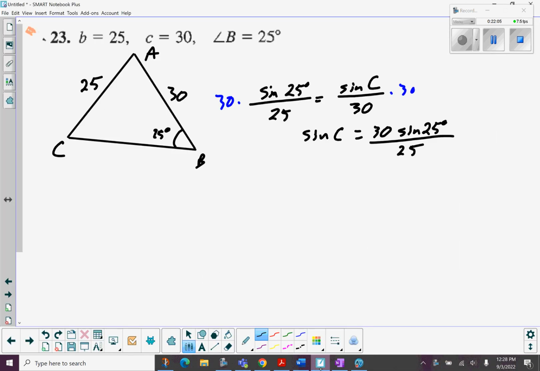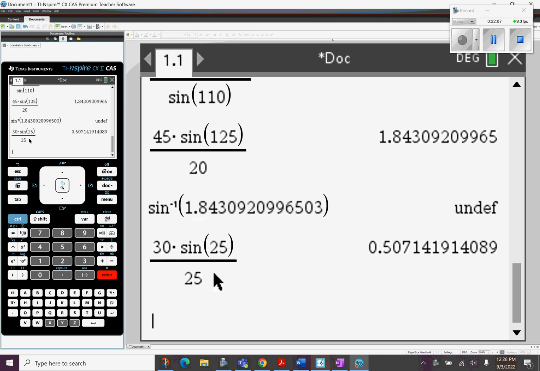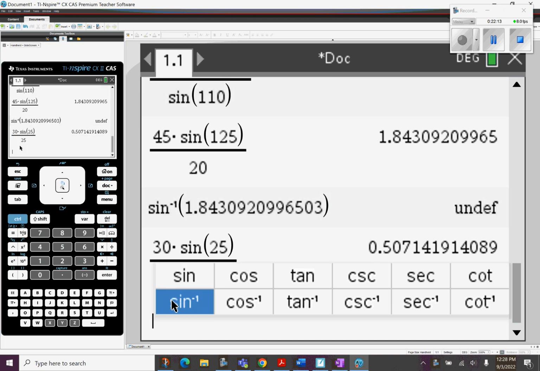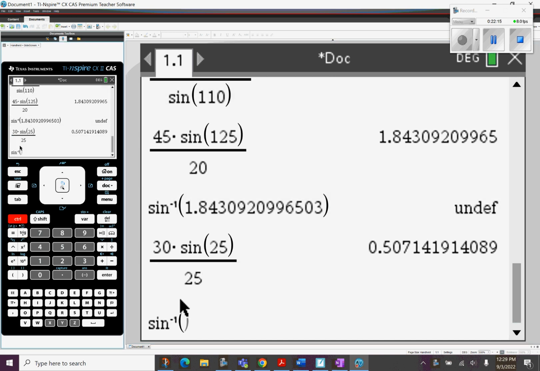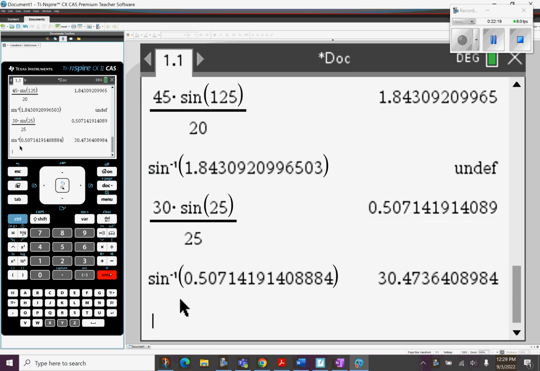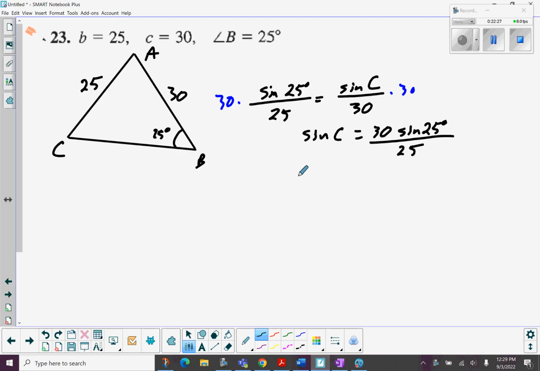That's our value for the sine of angle C. All right, it's reasonable. It's less than 1. So we can then take the inverse sine of that value. Okay, that seems reasonable, about 30.5 degrees. So we could say the measure of angle C is approximately 30.5 degrees.